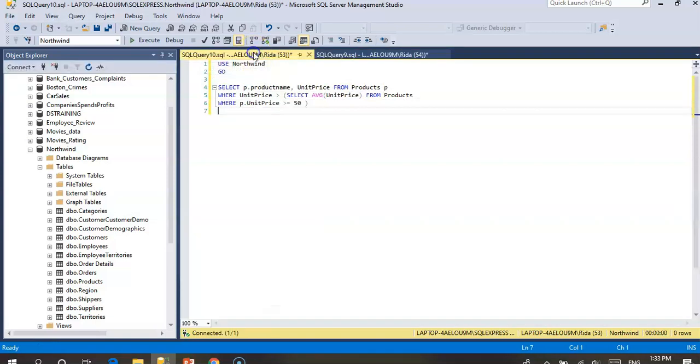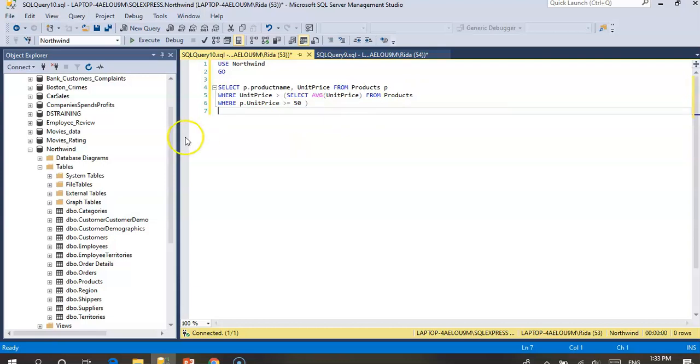Let's jump to the other type of subqueries, which are the correlated. In this case, I'm trying to do the same thing. I'm trying to retrieve the product name and unit price from the products. I'm giving an alias p for products, where unit price is greater than select average unit price from the products. Up to here, it's almost like the previous non-correlated example.